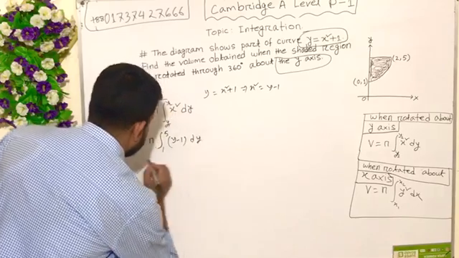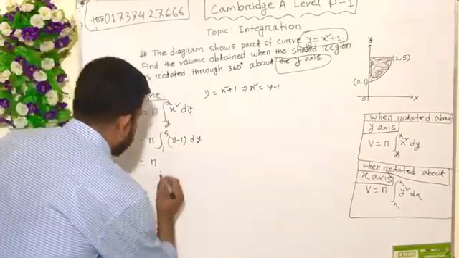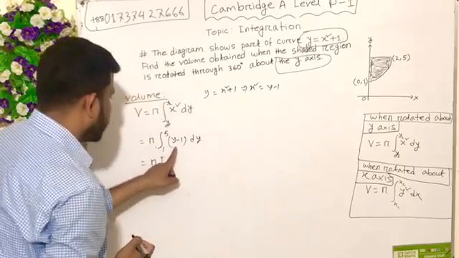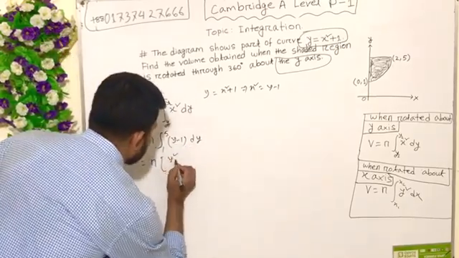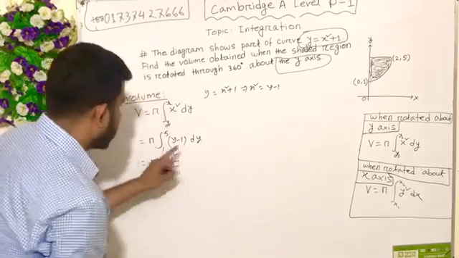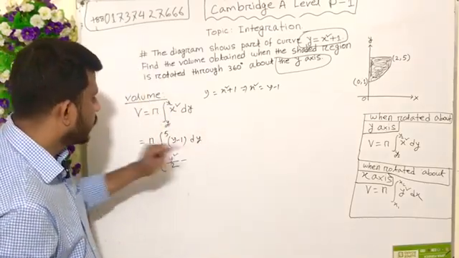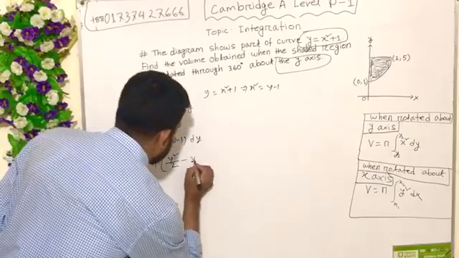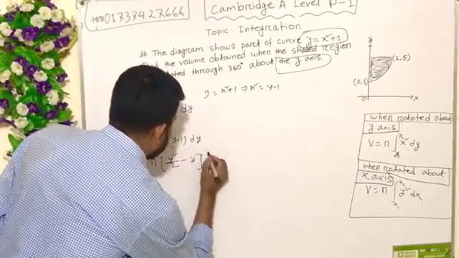and dy. Pi is just copied, and now we integrate this. If I integrate y with respect to y, it will be y²/2, and minus, if I integrate 1 with respect to y, it will be y. The limits are 1 and 5.